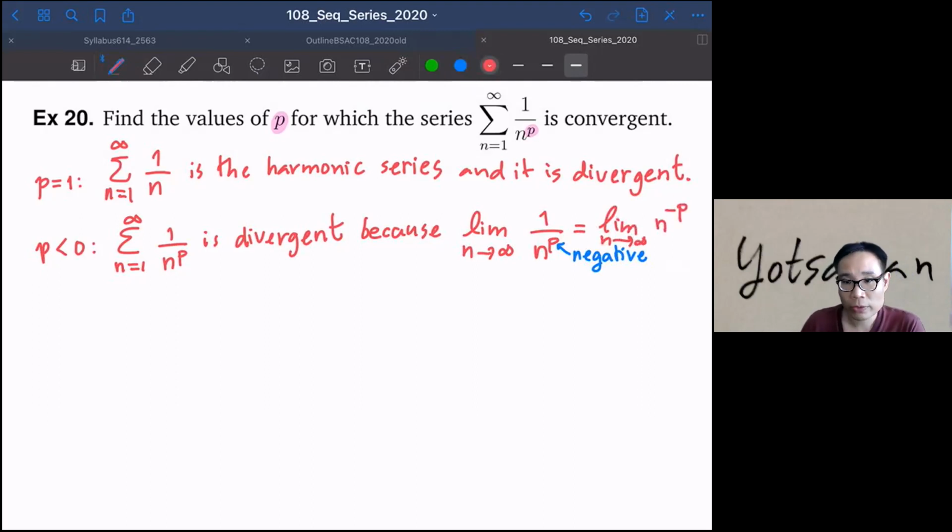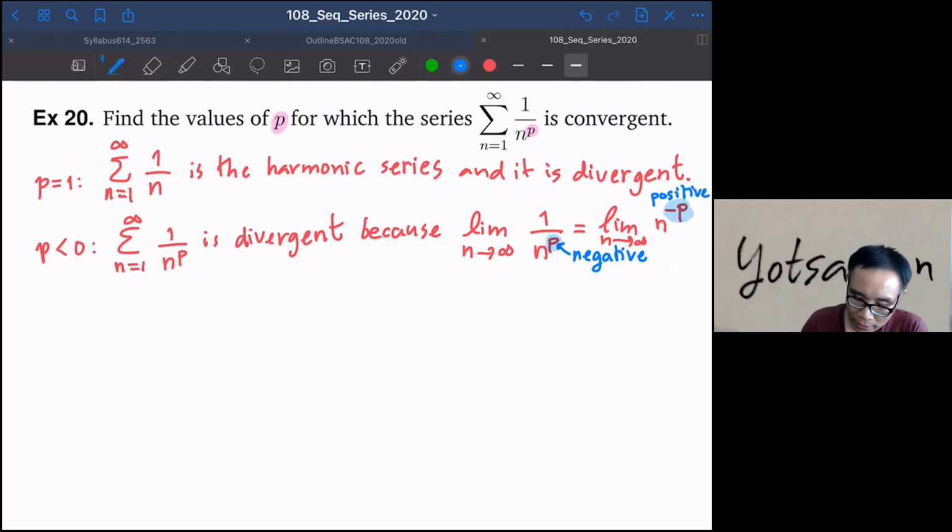So it is equal to n to the minus p, and this minus p turned out to be positive when you have the minus sign in front.